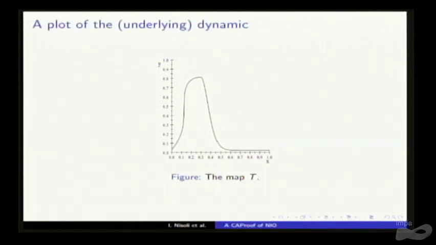And another issue is that, in principle, proving that the underlying deterministic system has positive Lyapunov exponent is not enough. Why? We want to prove that the dynamical system with a small noise has a positive Lyapunov exponent. So in some way, we should prove that the underlying dynamic has positive Lyapunov exponent, but also the stochastic stability of the underlying dynamical system. So this adds a lot of difficulties to the problem.